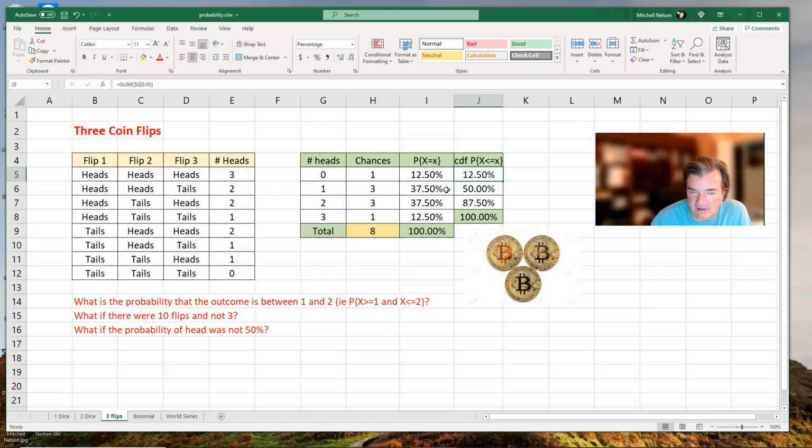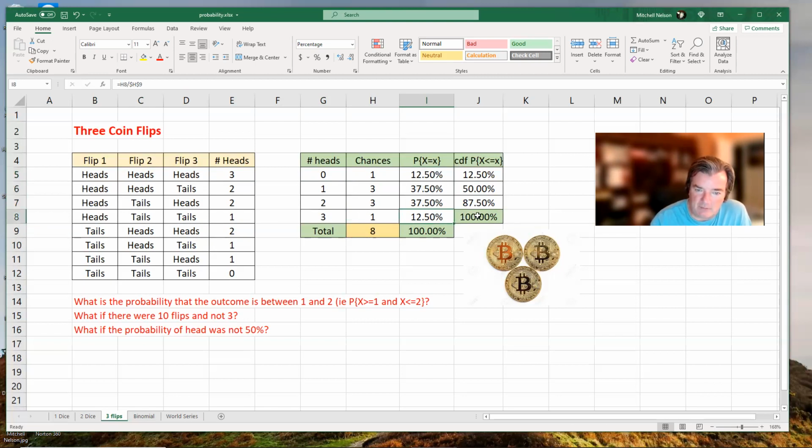There's a 37.5% chance I'm going to get one head, plus a 12.5% chance I'll get 0 heads. So there's a 50% chance I'm going to get one or less. There's an 87.5% chance I'm going to get 2 or less, 2 or 1 or 0. So basically these three numbers added up should be 87.5%.